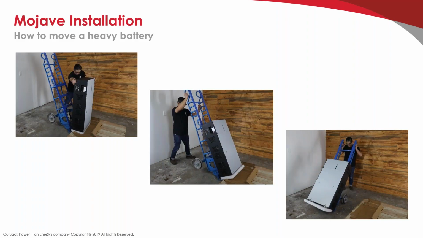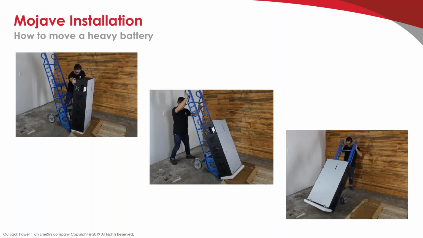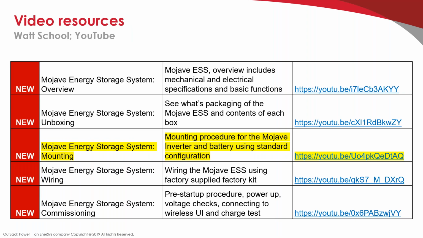Jorge will speak about this again after the installation video, but the battery is heavy and big. It took a special lift, but Jorge on his own was able to move the battery into position. As I showed on the previous slide, it's ground mounted, so you don't have to worry about jacking the battery up whatsoever. It is meant to be a ground mounted battery.